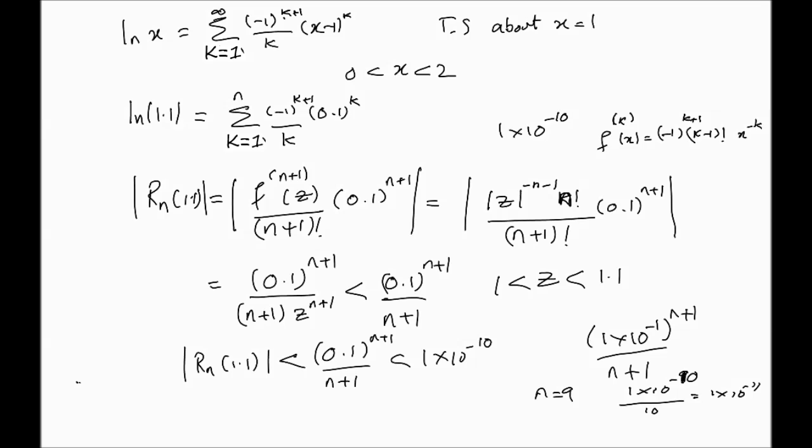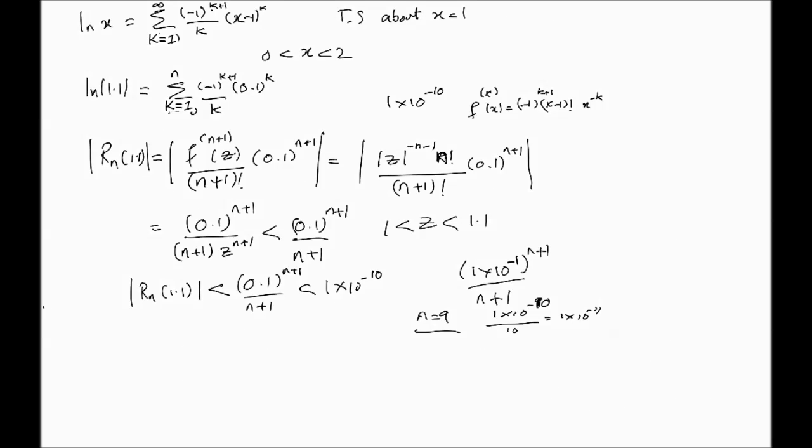So that's the first value of n that will make it just less than 10 to the minus 10. That tells me that 9 terms in the series would be sufficient to get the accuracy I desire. So if we go and calculate ln of 1.1, I'm going to take 9 terms.